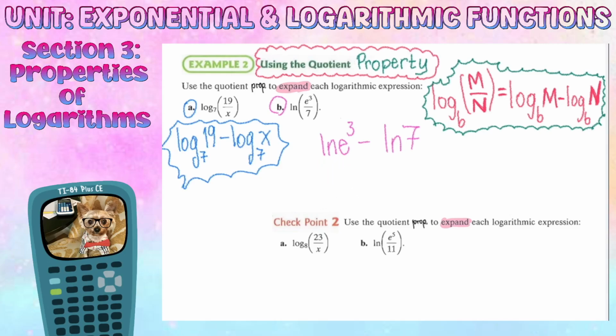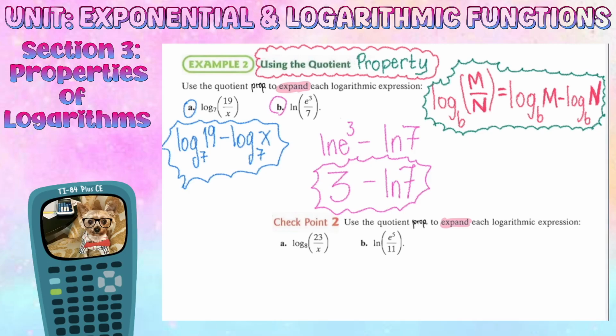So I can simplify this further, similar to how I was able to use the common log base 10 to simplify example B for the product property. So this actually will equal 3 minus ln 7, and there is nothing I can do to simplify further than that, and this one is finished. Finito.